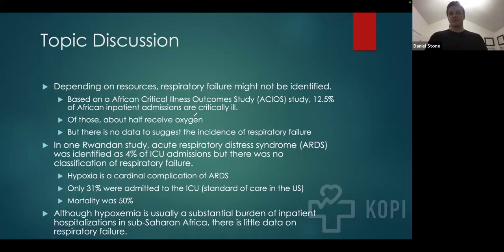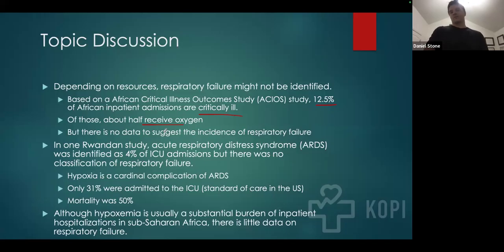We do know, though, that almost half of patients actually receive oxygen when they are admitted to ICU level settings, and that a lot of inpatient hospitalizations take place for patients who are critically ill.